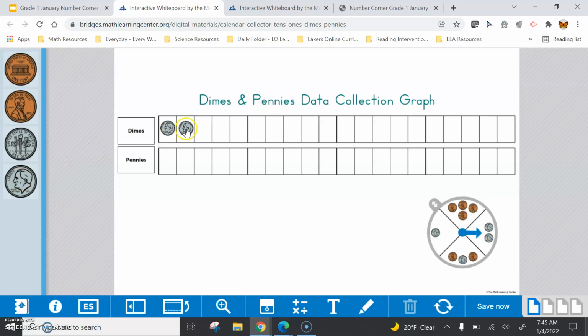Dimes are worth how much again? Did you say 10? Wow. So if we have 2 dimes, how much money do we have? 20 cents. Good job. We're going to continue to spin this each day to see how many dimes and pennies we can collect throughout an entire week.